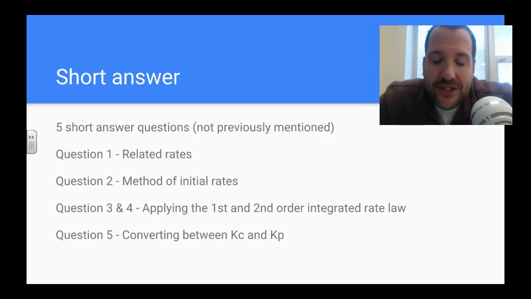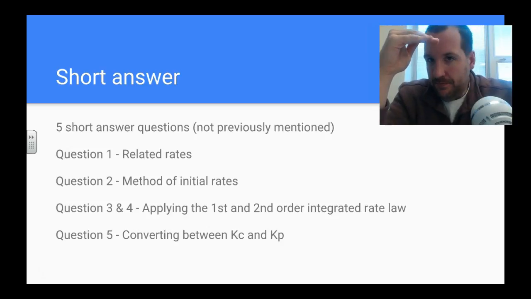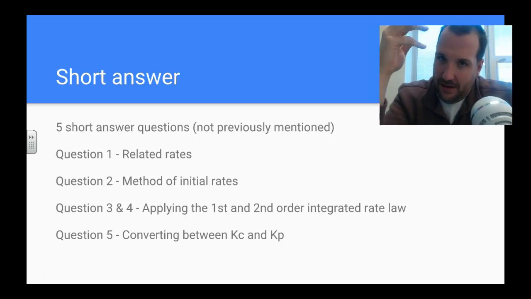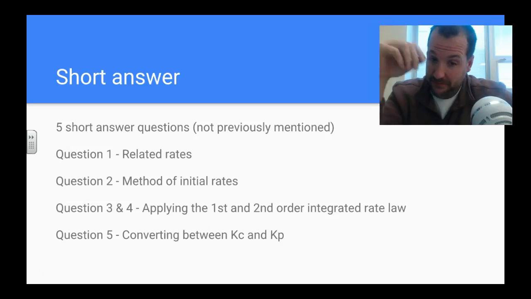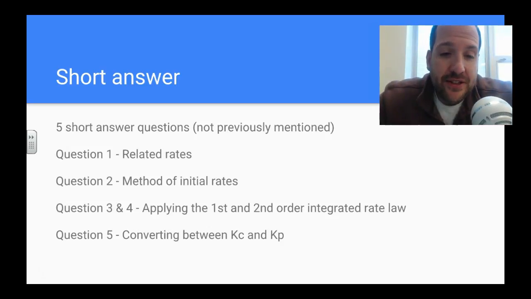The open-ended questions have multiple parts that are related to each other, but the short answer questions are just one concept and maybe one math problem, and you go from there.